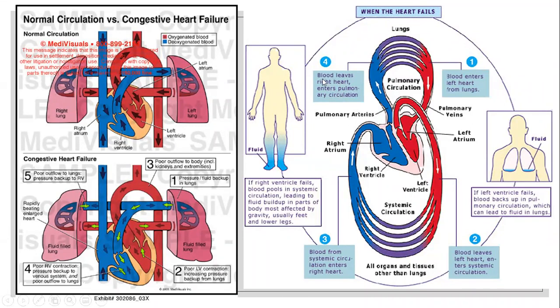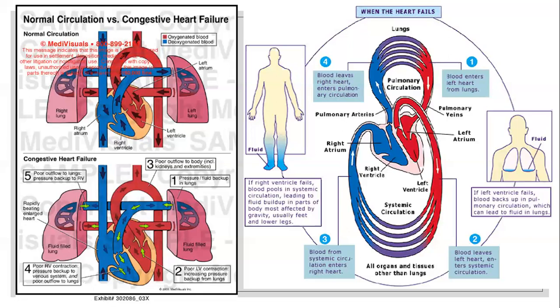So when a patient has right side heart failure, it usually occurs as a result of left side heart failure. What does it mean? Usually the patient has left side heart failure, which leads to right side heart failure. Left and right both lead to congestive heart failure, or both side heart failure.